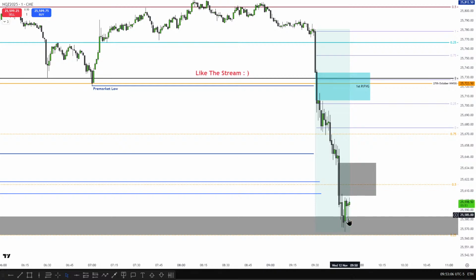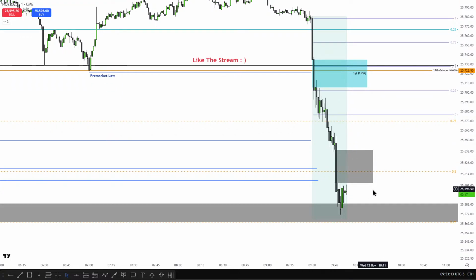So now this is where you want to see it displace higher and through this gap. And if it doesn't do that, then long setups again are just not going to happen. But we've got the macro now, so if we're going to turn and start displacing to the upside, this is where that should happen.